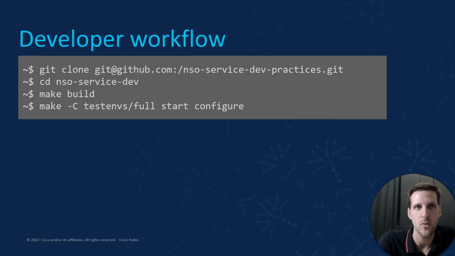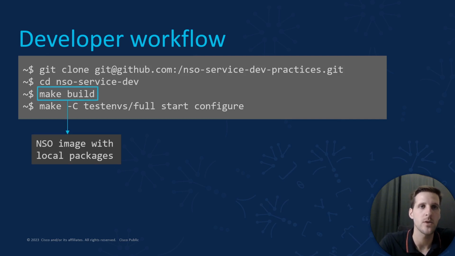When a new developer starts working on our project, usually he gets his dedicated development server, and all he needs to do there is git clone the repository that he will work on, and then using the make build target, this will produce the NSO image with local packages. So any changes that you do there will already be reflected in this built NSO image.